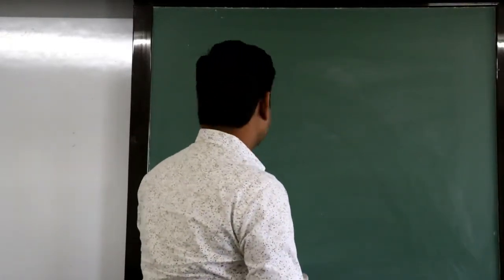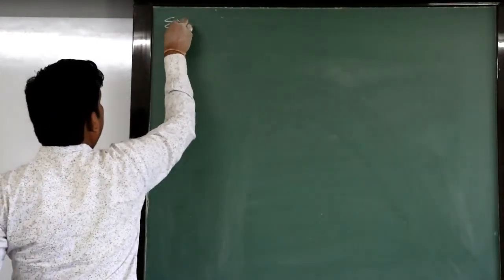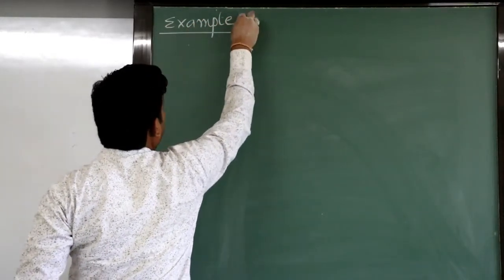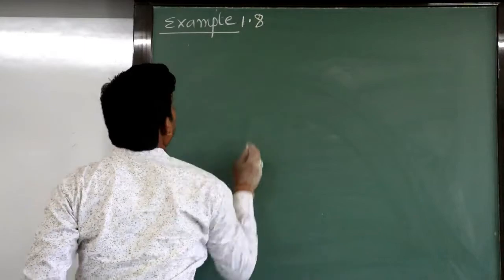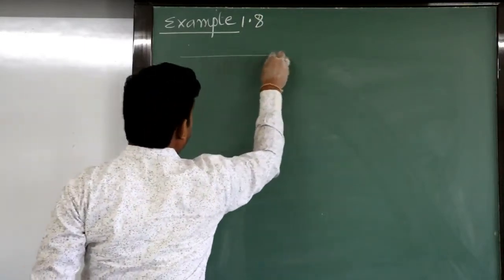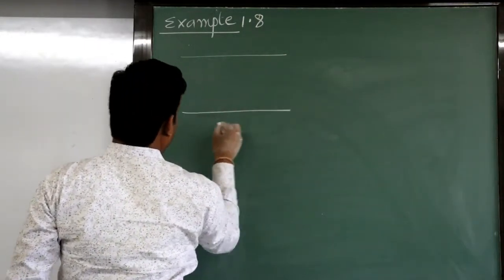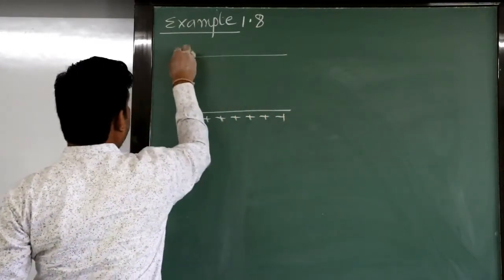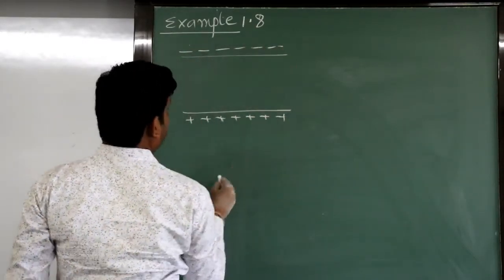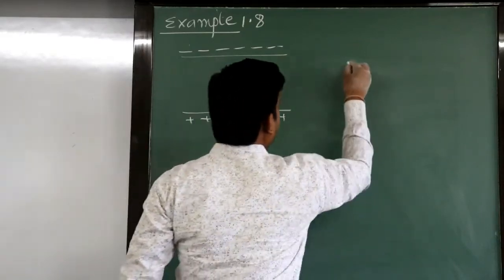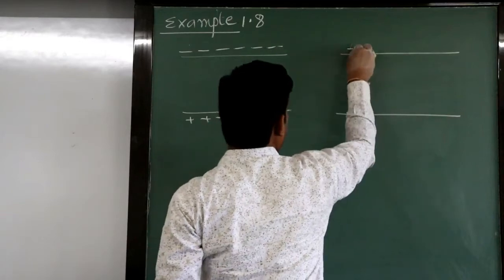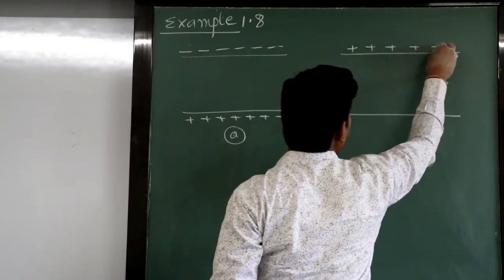See the example 1.8. What is given? The two charged plates are given like this. The diagram is given. This is the A diagram and this is the B diagram. The charges are inverted on the plates.